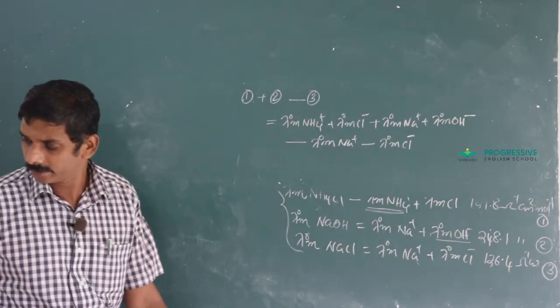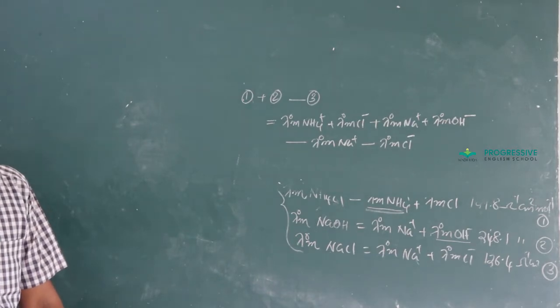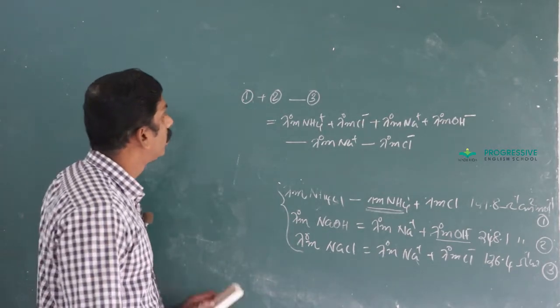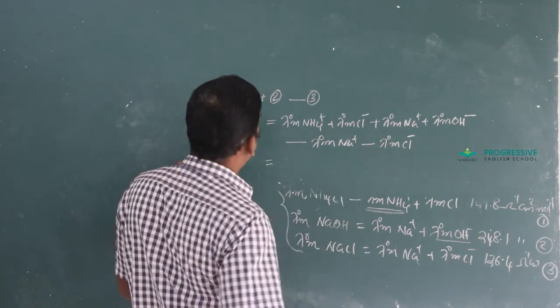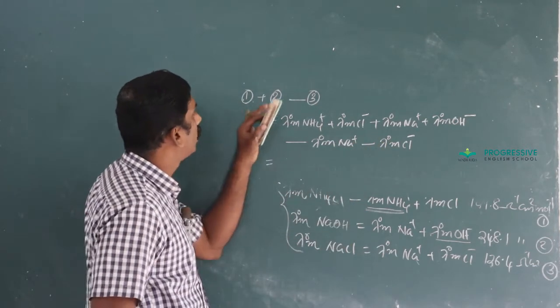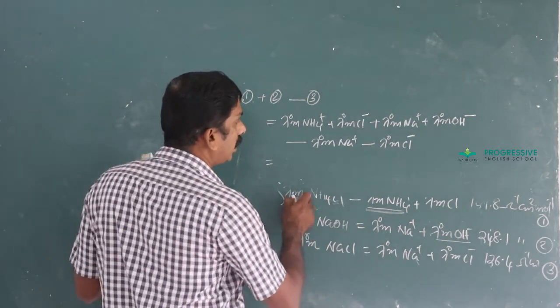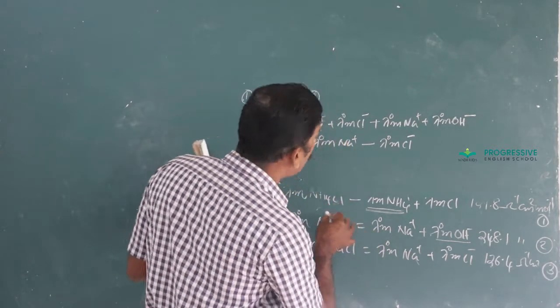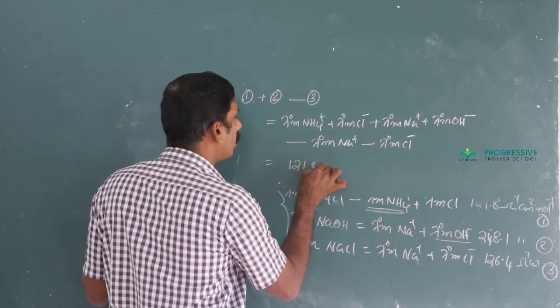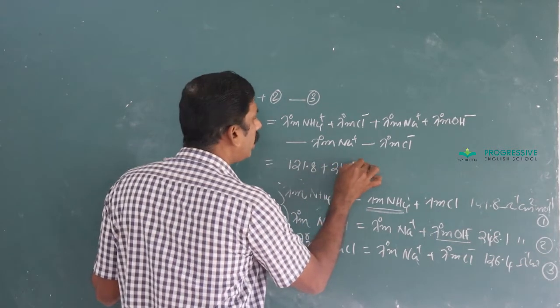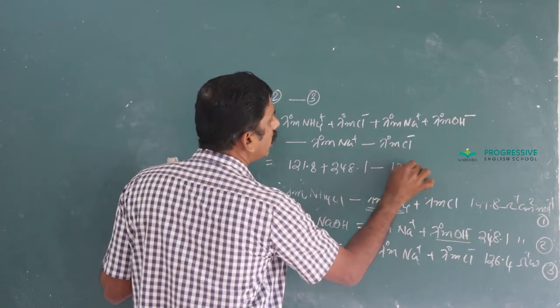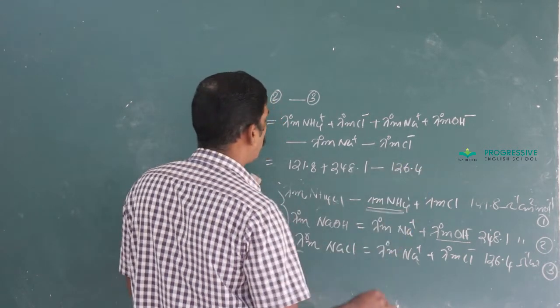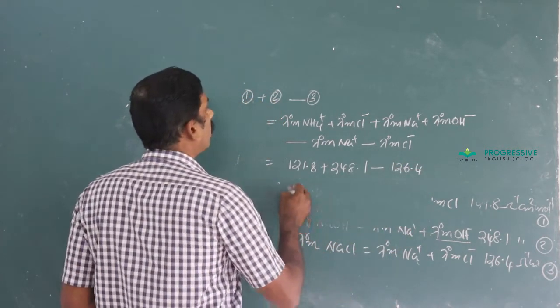Clear? The same operation is applied in the case of the lambda 0m values, that is 129.8 plus 248.1 minus 126.4.